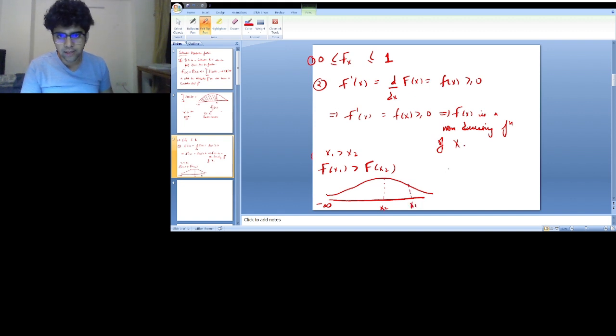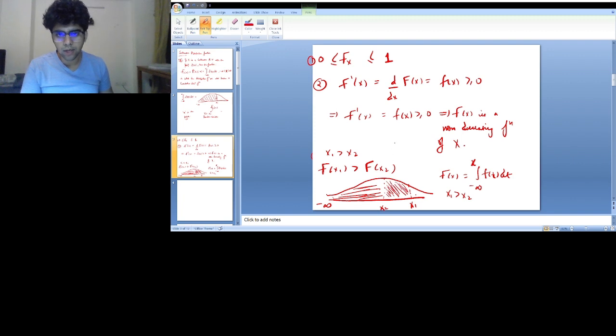So my CDF says that find the integral from negative infinity to the point x of f(t) dt, right? So this is my CDF. When my x1 is greater than my x2, this implies that my area under the curve from negative infinity to x1 is greater than my area under the curve from negative infinity to x2, right? So you can see this area is less than this whole area, including this also, right?